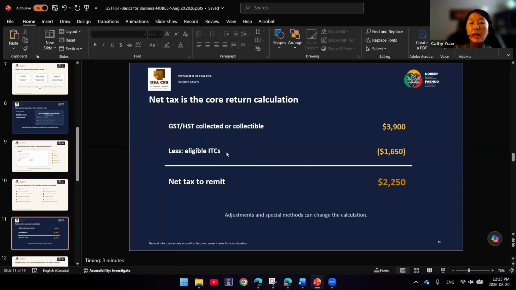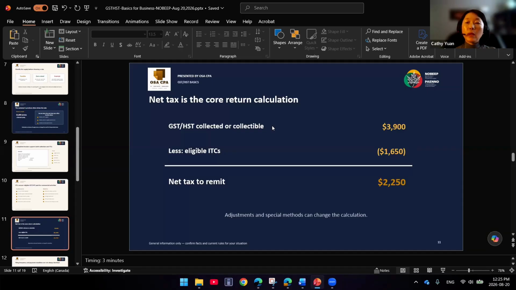And the eligible ITC that was introduced before can be subtracted from the sales tax. And the net tax to remit is that amount. That is based on the revenue we have. If we have no revenue, the first line, GST/HST collected or collectible, is only zero because we haven't got a customer.